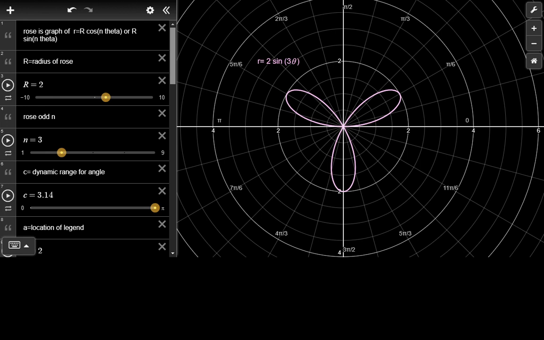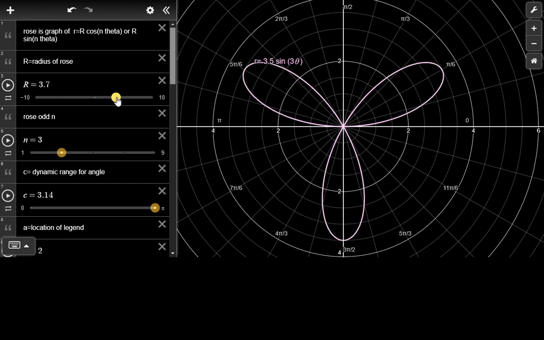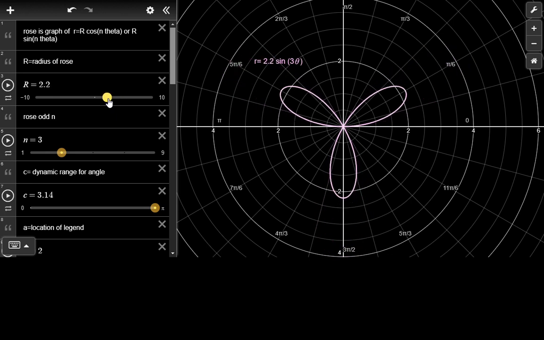The easiest thing to look at is what R does. Here I'm making the radius bigger. It's simply the radius, so there isn't much mystery there; it simply changes the size of the picture. We said there is an issue of what multiple we have.